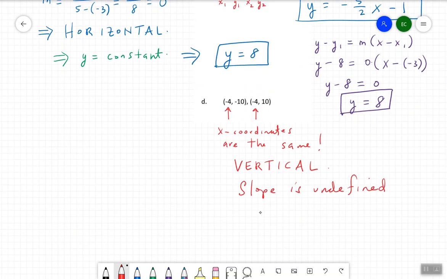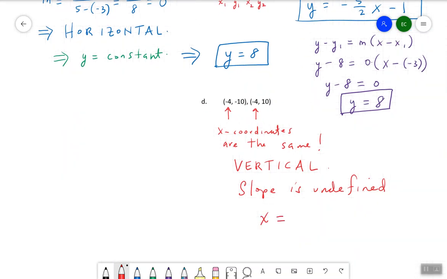And the equation of the line is x equals a constant. In this case, the constant is -4. And we're already done.